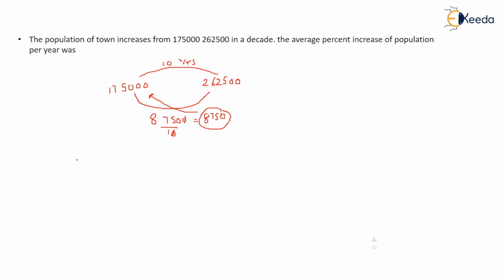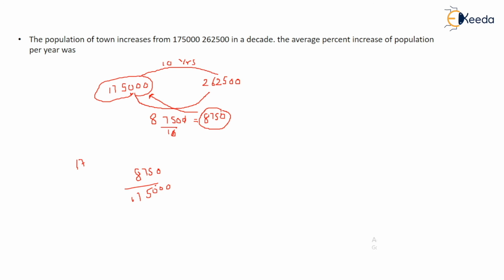From what figure is it increasing by this much? It was the initial amount, and with respect to this you have to calculate. So 8750 divided by 175000. You can simply find the answer.